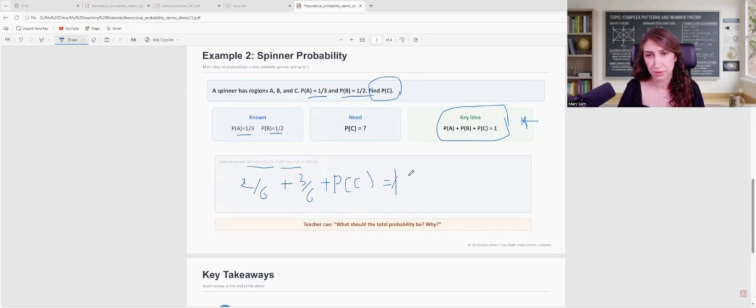And we could write 1 as 6/6. So based on that, the probability of C equals, from those parts, we have 5/6.